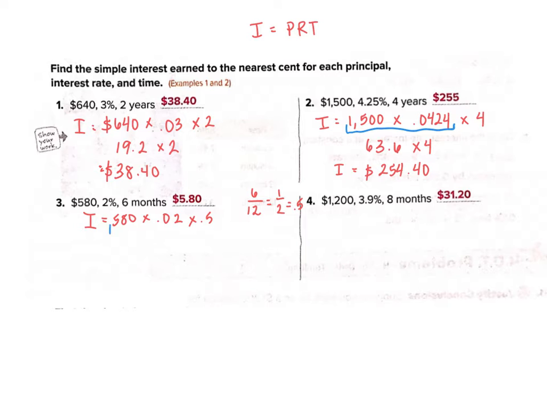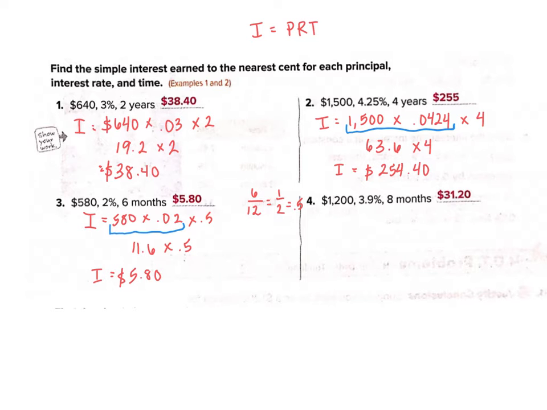Now I can take this in chunks: multiply 580 times 0.02, and I get 11.6, times 0.5, and the interest that accumulated was $5.80, because I get 5.8, and that's my answer.